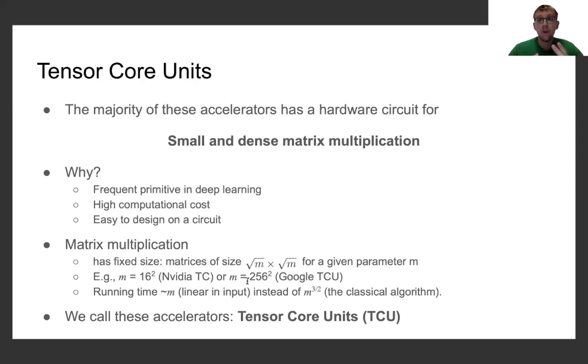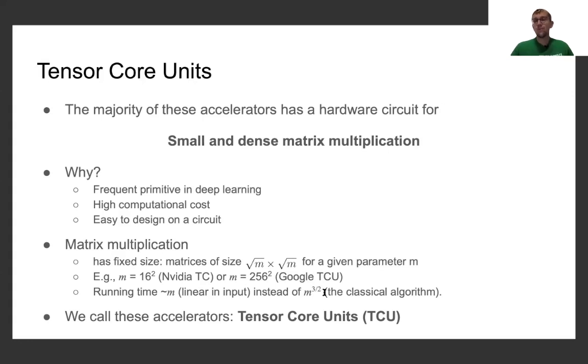Now, using this hardware accelerator, we can multiply two matrices of this size very efficiently, in time proportional to the input size, instead of the traditional cost, which is m to the 3/2 if you use the classical matrix multiplication algorithm.